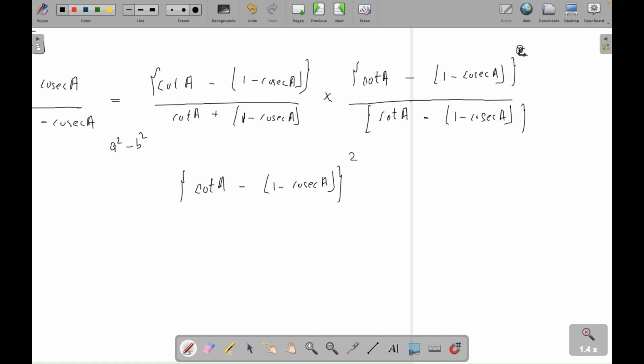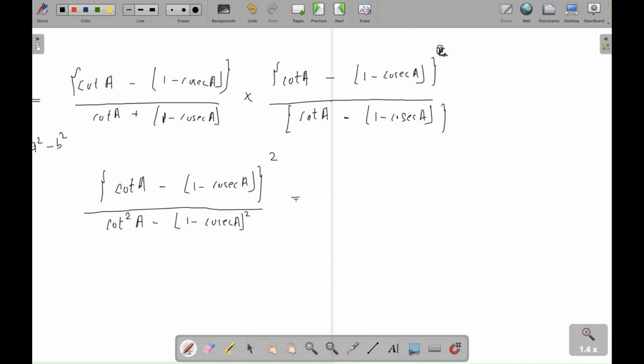Right? And once I multiply this, I get cot A minus 1 minus cosec A whole square in the numerator and cot square A minus 1 minus cosec A whole square. Right?